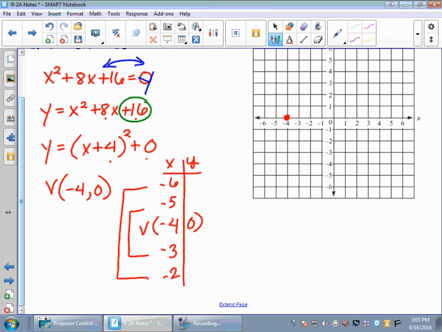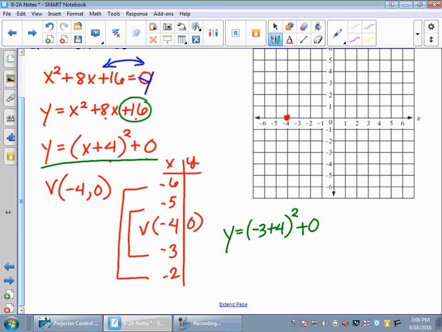To plug in, I'm going to plug -3 into my new form that I have here. I can plug it into either one. So when I plug in -3, I get y equals (-3 plus 4) squared plus 0.